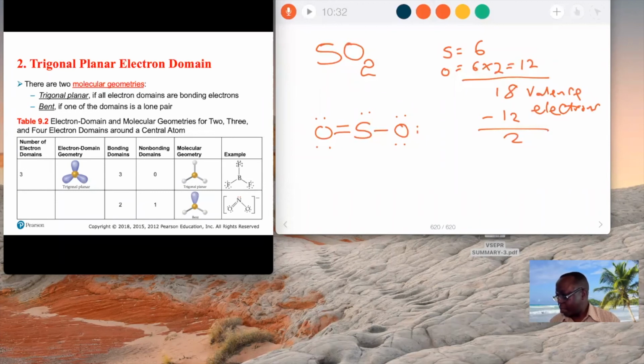If I look at the central atom, it takes this shape, AB2E1.